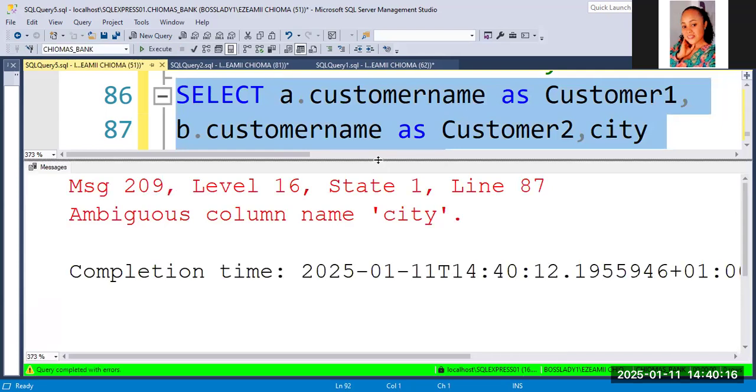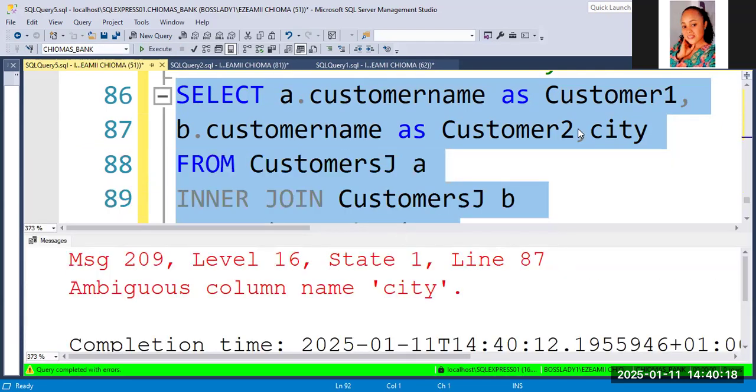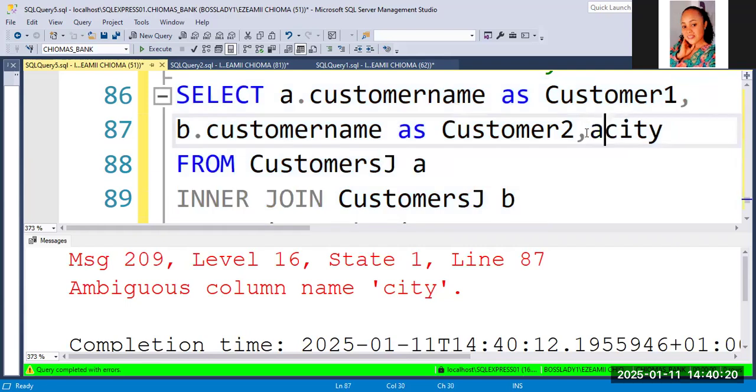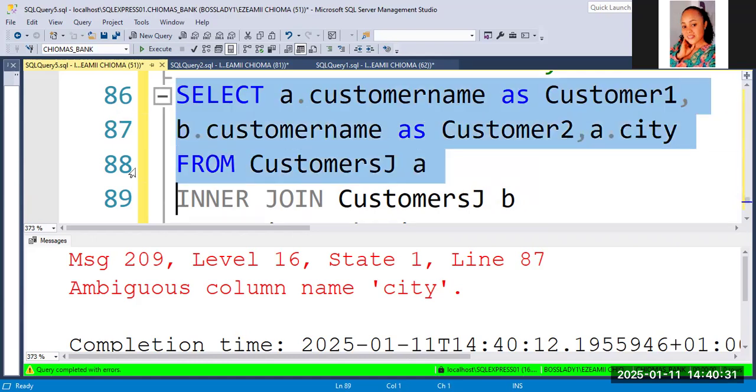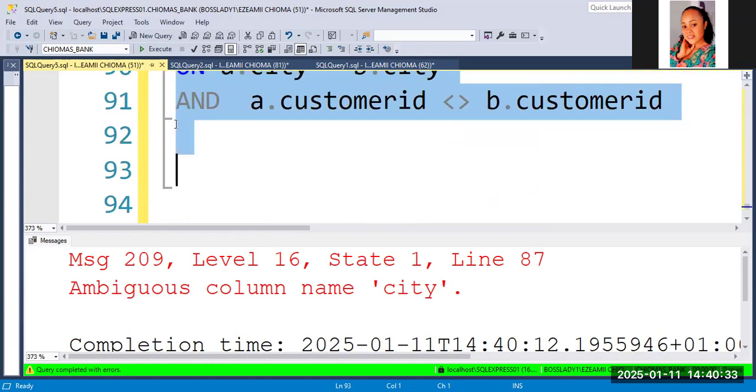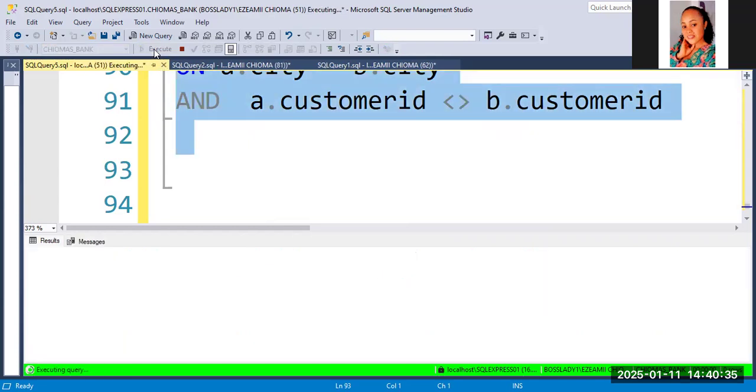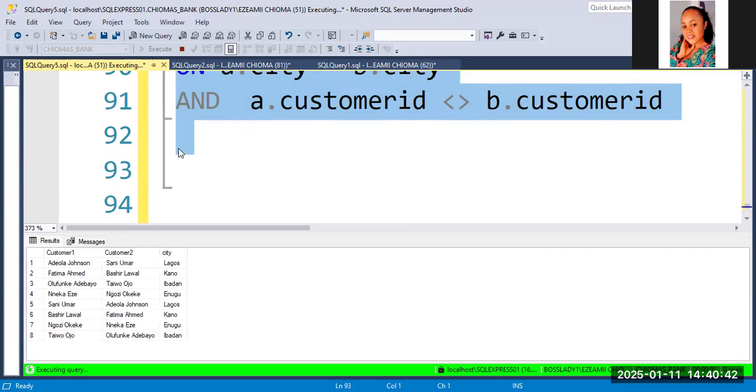Oh, okay. This ambiguous column name always happens when you did not specify. Because the two tables we are joining on are the same, we need to alias this particular column to know where it's going to get it from. It doesn't matter if I add A or B. What matters is that the system will always tell you to alias it since both tables have the same thing.